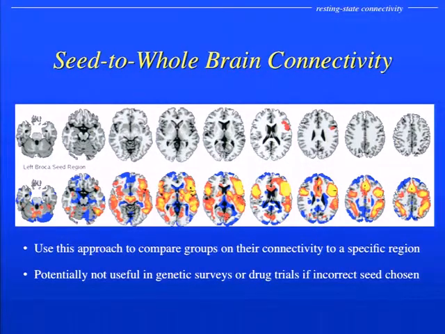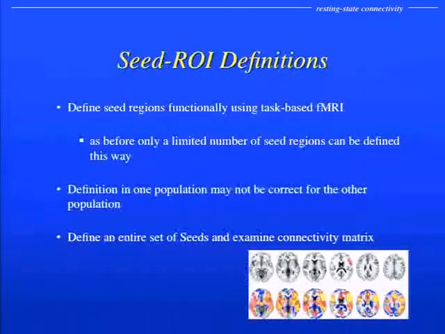But the key there is how do you define this? And in this case, this was defined with a functional region. Using functional task-based fMRI to define this doesn't generally work for the whole brain because you don't have task data on the whole brain. And furthermore, one of the things you have to be aware of is that the definition of the seed may not be appropriate in the two different populations. So that can be a challenge as well.